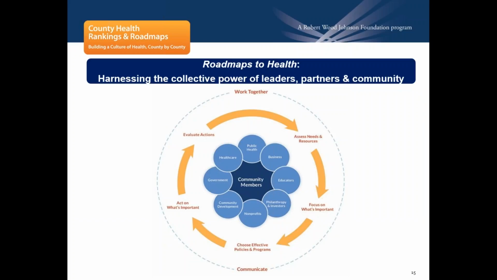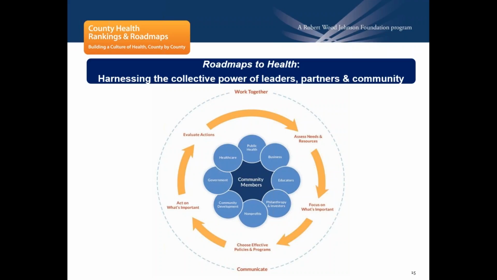I also think if you're really just starting this conversation about health, we know that people are at really different points in this process about how to improve health in their community. If you're in the earlier stages, then the Work Together guide and the circles with the different partner groups that I mentioned earlier, at the center of the Take Action cycle, can help you think about who else you should invite to join the conversation.